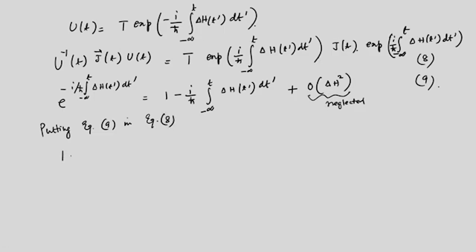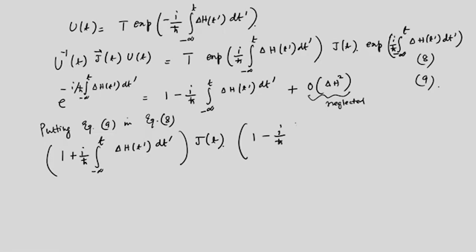we have 1 plus, because this U inverse is 1 plus i by h cross, integral from minus infinity to t of delta h(t prime) dt prime, and J(t), which is here in equation 8, and then 1 minus i by h cross, integral from minus infinity to t of delta h(t prime) dt prime.